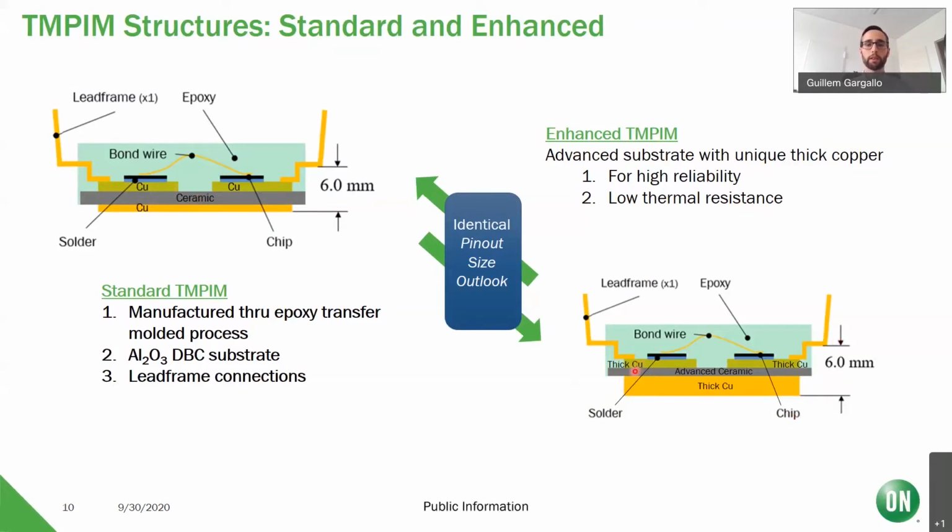We also have an advanced ceramic substrate, which is significantly better than the standard aluminum oxide. And later on, we have a thicker copper, which all in all will improve significantly the RTH of the package. This allows us to put more power in the same footprint.